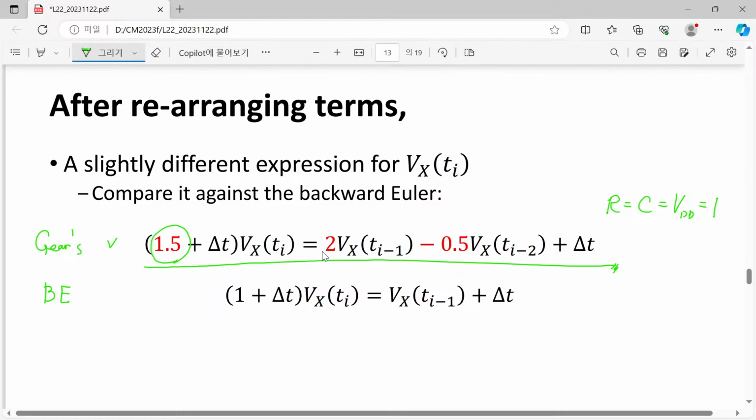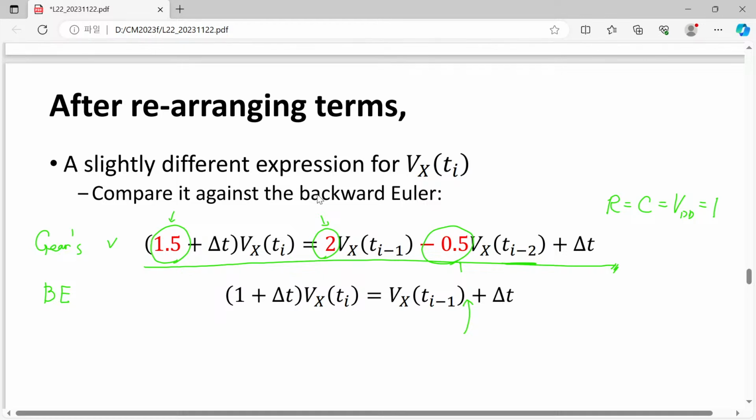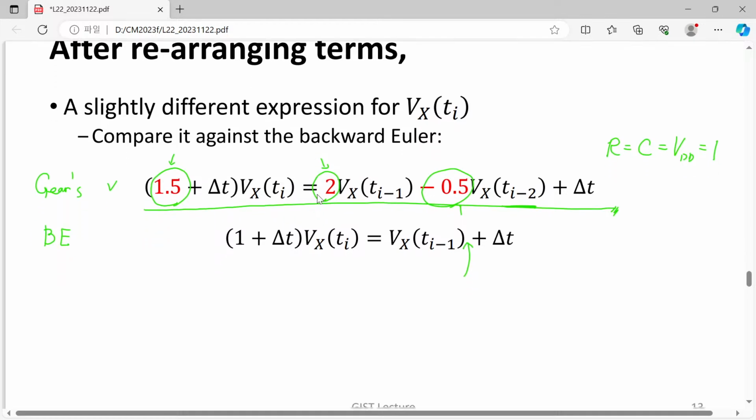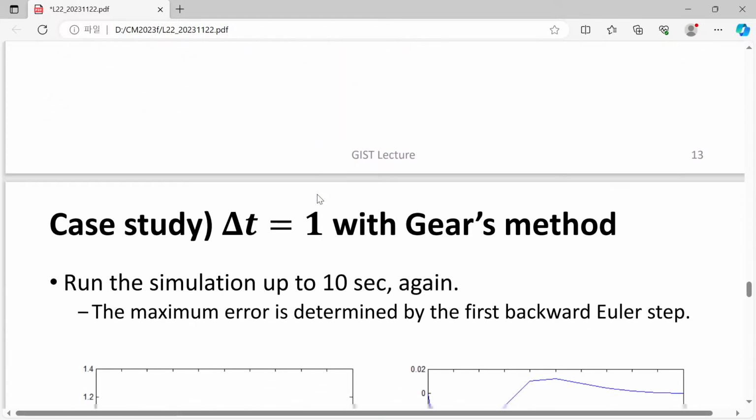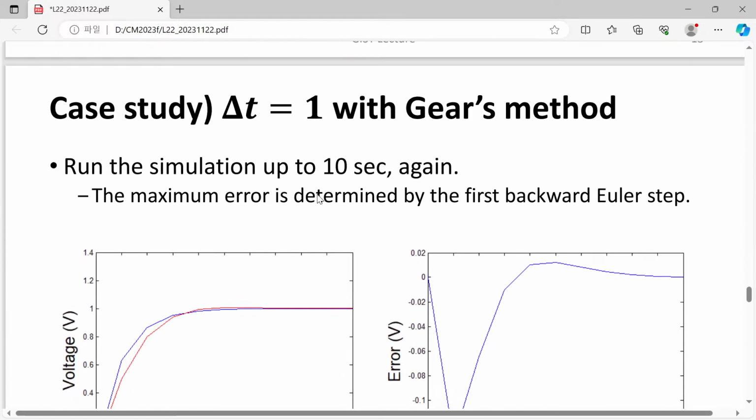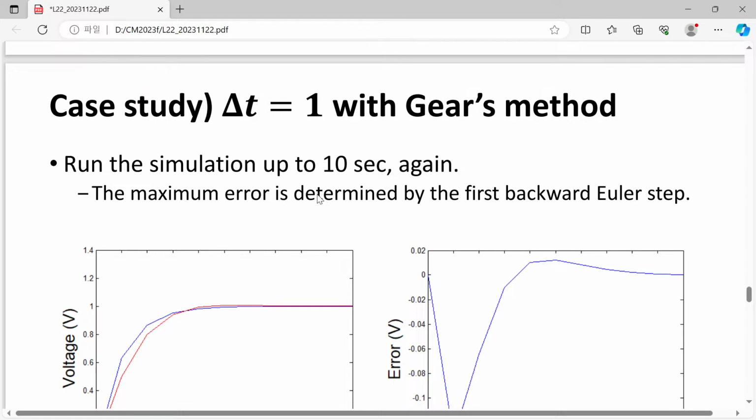Here 1.5, 2 and minus 0.5 are shown, and previously we had no dependencies on the t sub i minus 2 quantities, and now we have introduced this one, and also the coefficients are slightly different. Well, anyway, seemingly it is quite easy to implement. So then let's go to the delta t equal to 1 case.